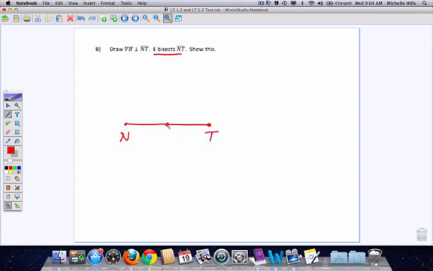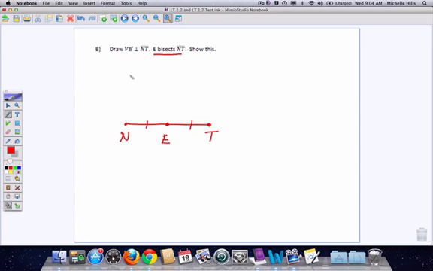Segment NT, if E is a bisector, bisect means to divide it into two equal portions. So E is actually the midpoint of the segment, and I need to show that those two halves then are congruent to each other. I need to draw a line VB so that it's perpendicular to this segment.